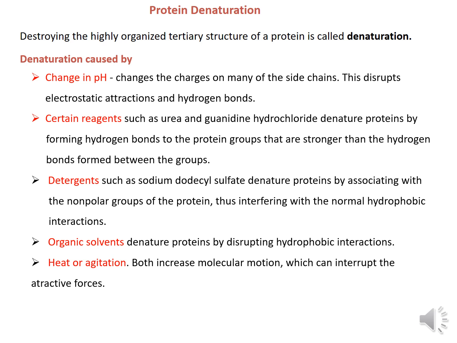For example, urea and guanidine hydrochloride denature proteins by forming hydrogen bonds to the protein groups that are stronger than the hydrogen bonds formed between the groups, because they replace the hydrogen bonds already existing in the normal proteins.